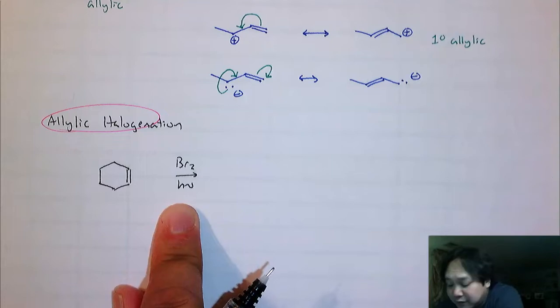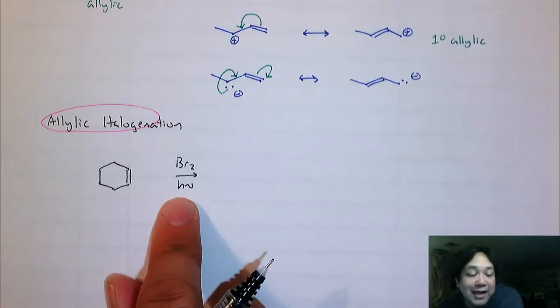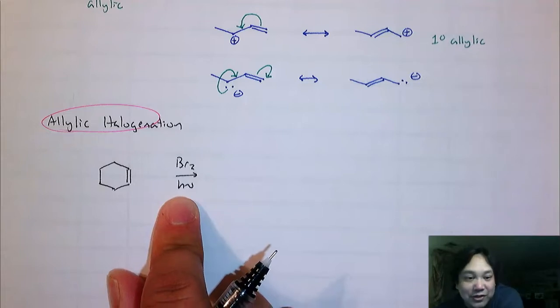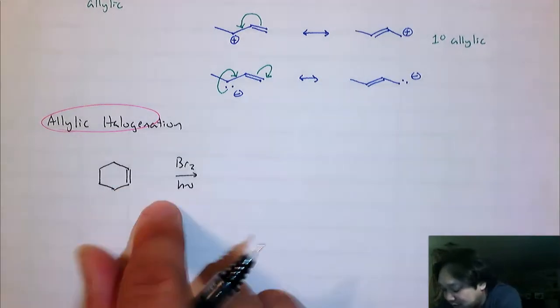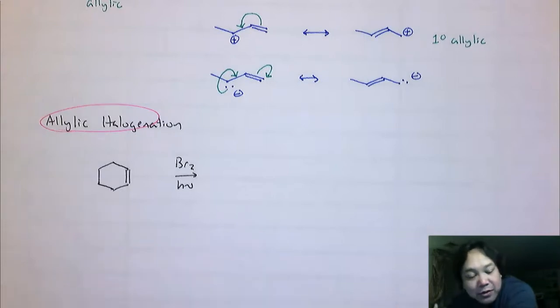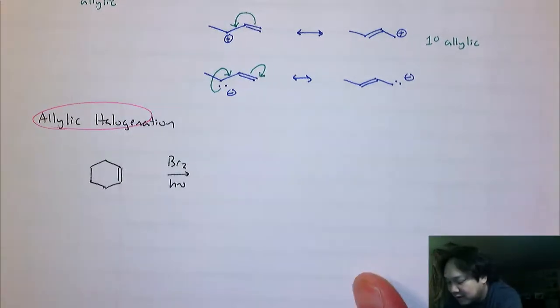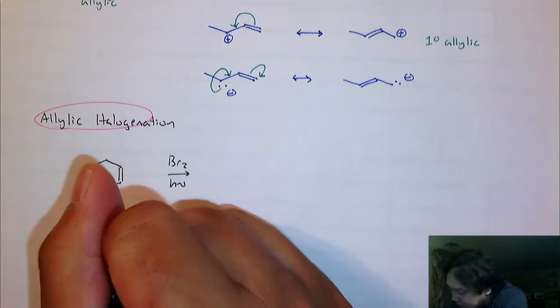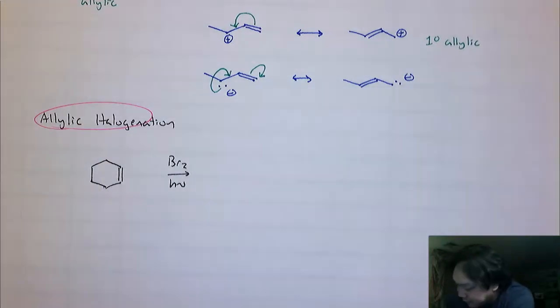If you saw the first reaction that's usually covered in radical reactions, this is the same reagent as radical halogenation. So this is where the unit becomes very, very tricky. If you recall, I'll put here review.